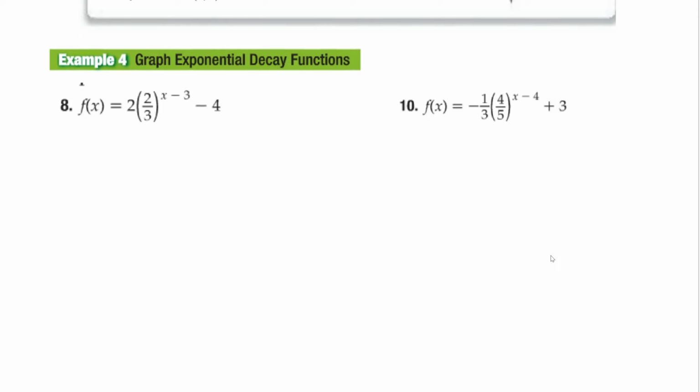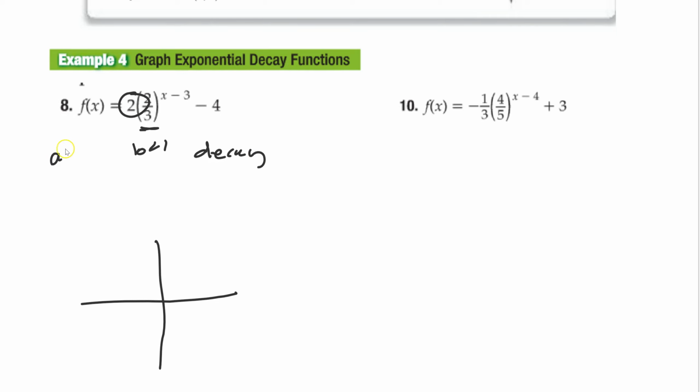So let's do a couple examples. This first one here. Again, B is a decay, so I know it's going to go down. My A is 2, so initially it crosses at 2. My horizontal asymptote is at -4.